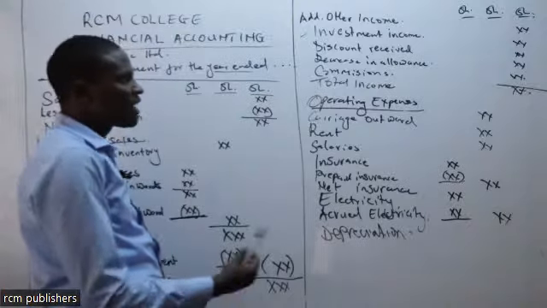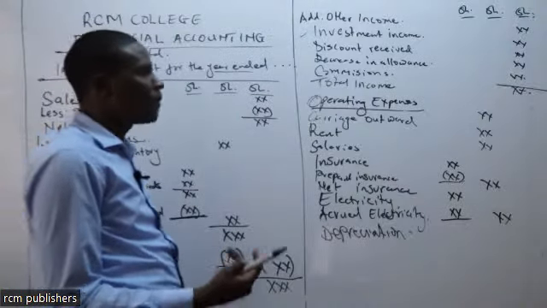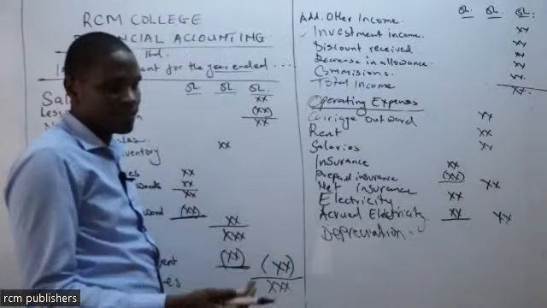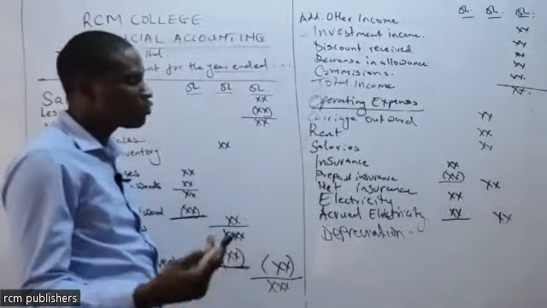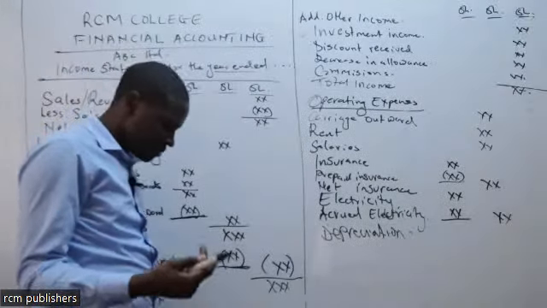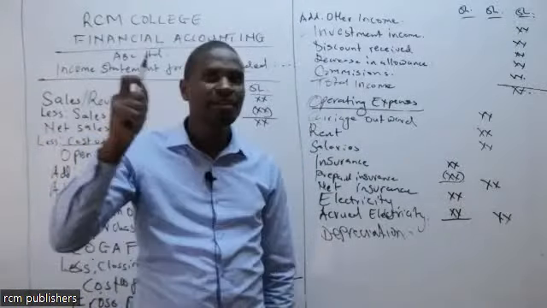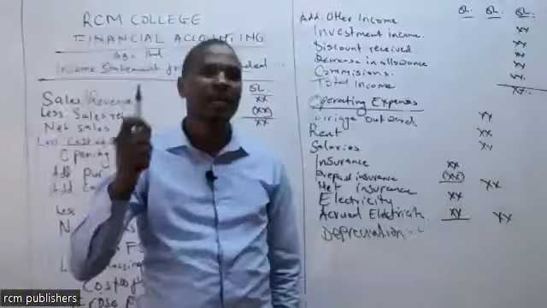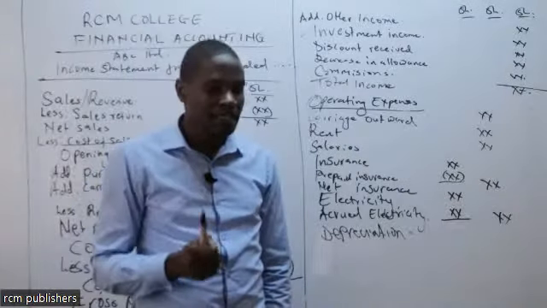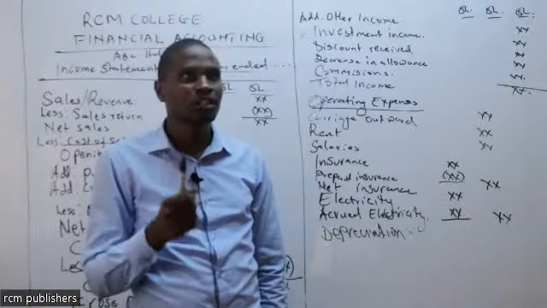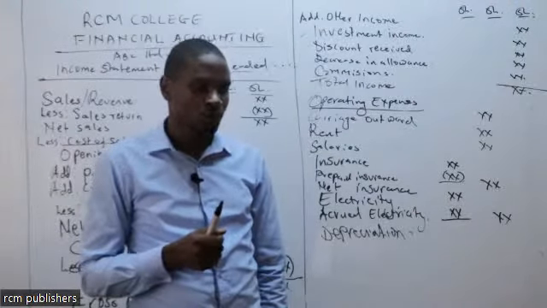You'll be told that depreciation for the PPE is 2%. If the examiner gives you the accumulated depreciation and tells you to use the reducing balance method, I also thought that concept is important for you to note.